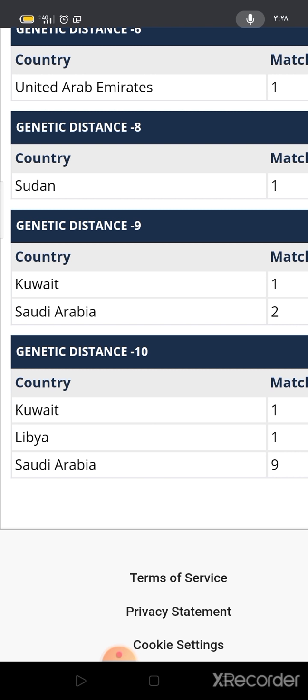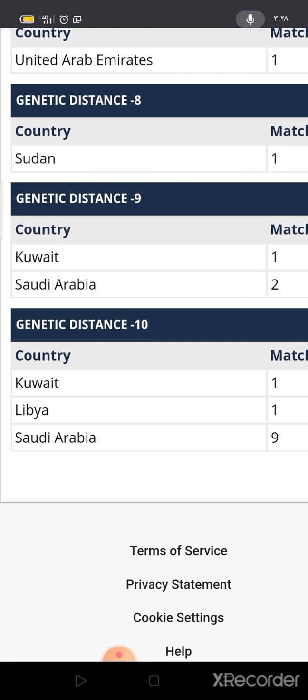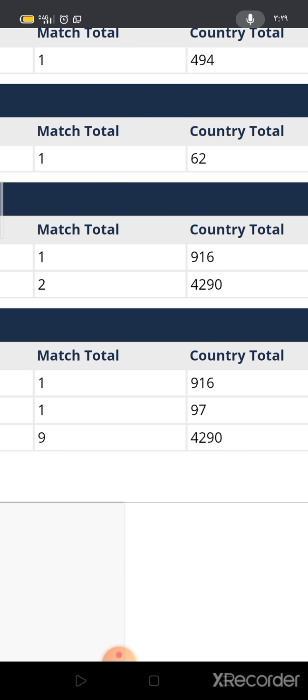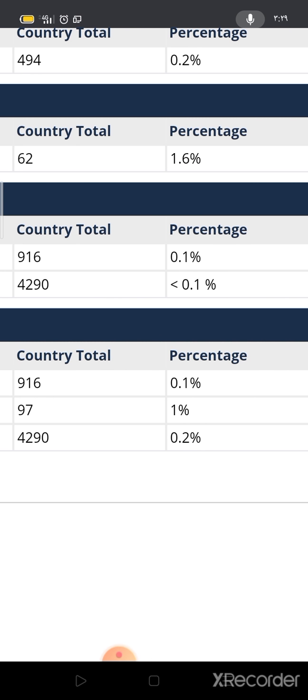Genetic distance 10. This is now the farthest in this comparison. That means we share 101 markers, and you have 10 markers different. These are in Kuwait and Libya and Saudi Arabia. No presence of my country, Sudan, here. Saudi Arabia, they have 9 among 4,290, and the percentage is 0.2%.